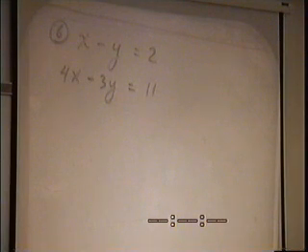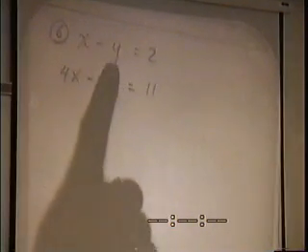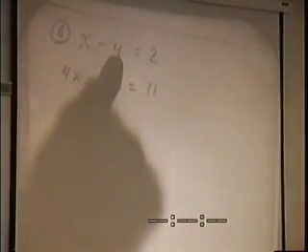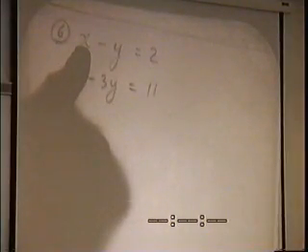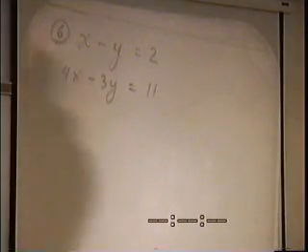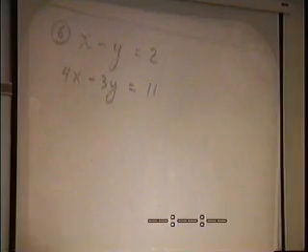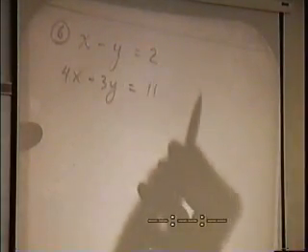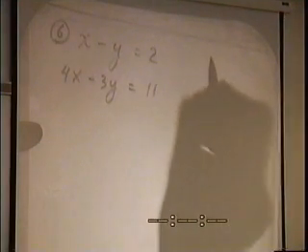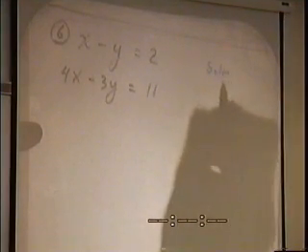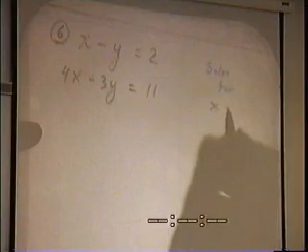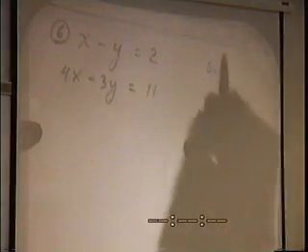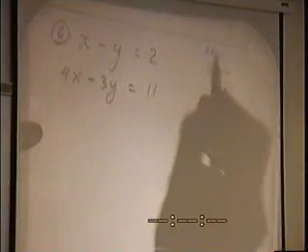If I want to substitute, I'm going to have to solve for one variable or the other. I can solve for y, or I can solve for x. It doesn't matter which one you solve for. Your first step for substitution is to make sure that one of your variables is in terms of the other. So we need to solve for x or y. That's your first step for substitution.